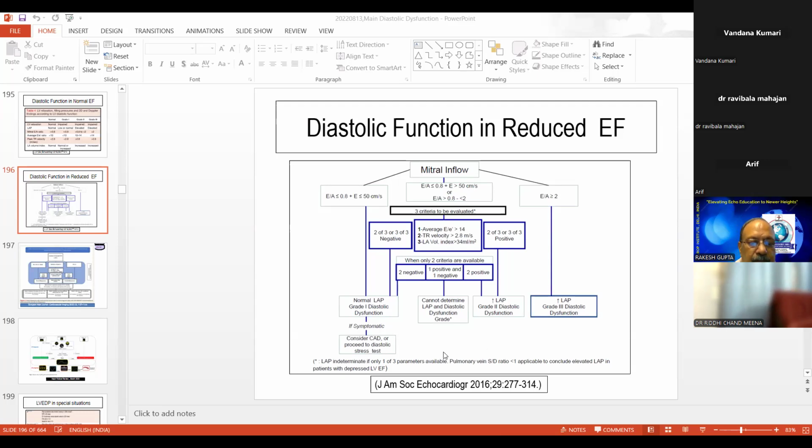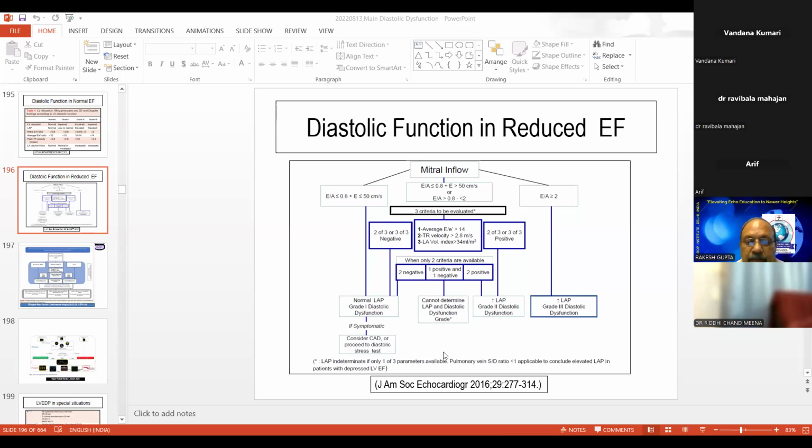But we calculate the volume, sir, but how to calculate pressure? That's what I'm saying. What do you mean by volume? Volume means the amount of blood which is present in LA.